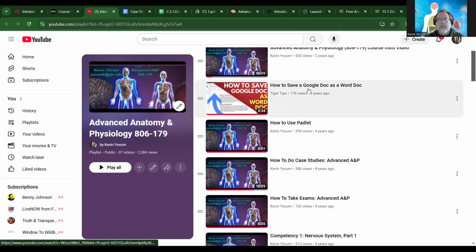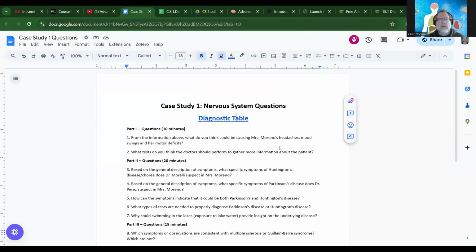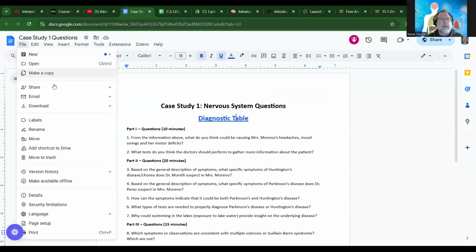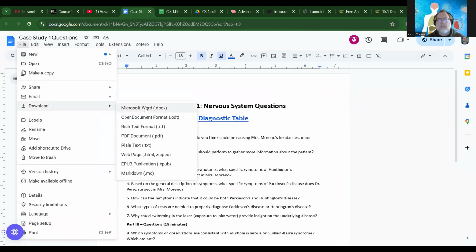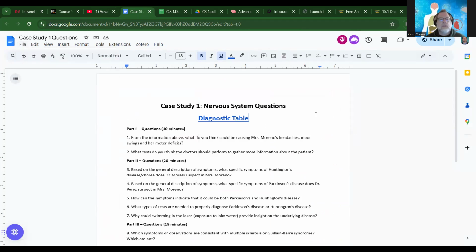I wanted to mention too, everything is read only. So if you want to type your answers in, you have to remember to make a copy or download this as a Word doc or a rich text format. Either way, you're going to need to get your own copy to type in, and then this is what you'll submit into the Dropbox. Your copy, not mine. This is read only.